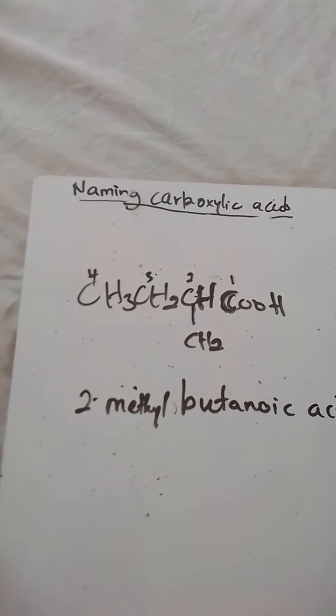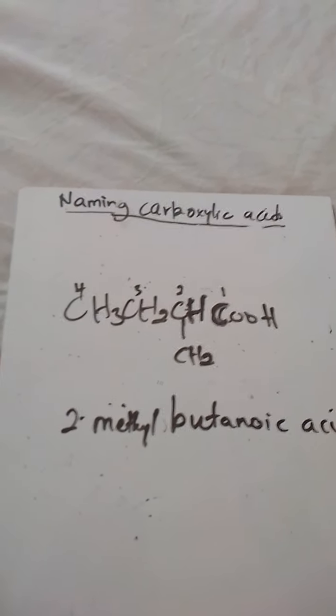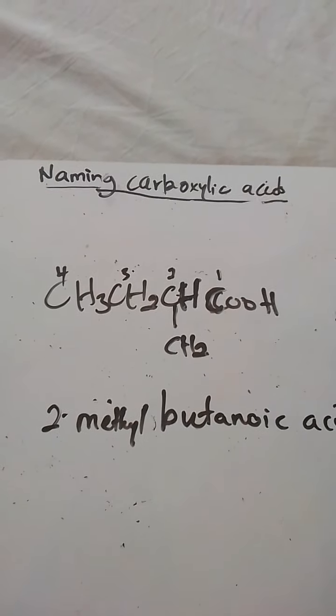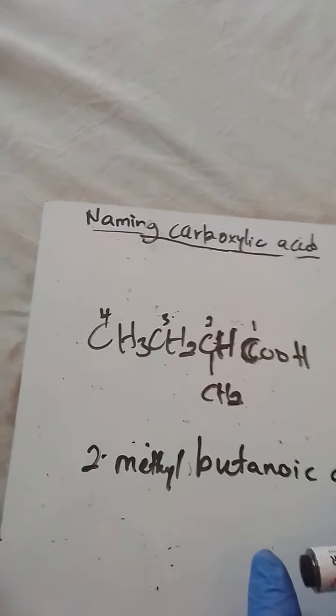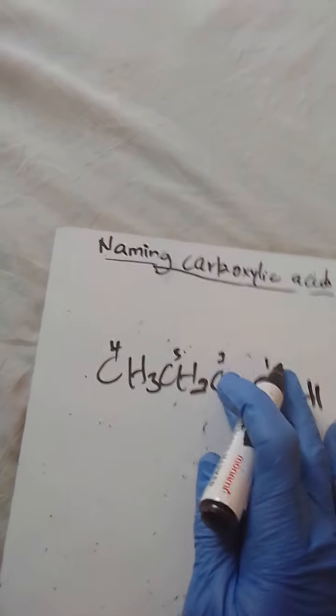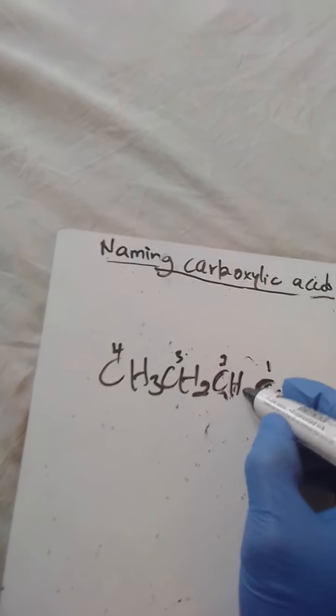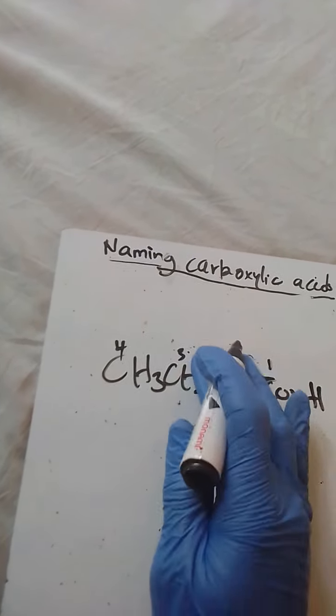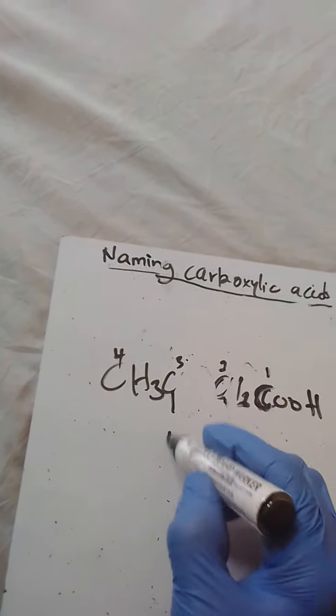In cases where two groups occur at the same position, let's assume we have on carbon 3, let's say both hydrogens have been replaced by, let's say, bromine.